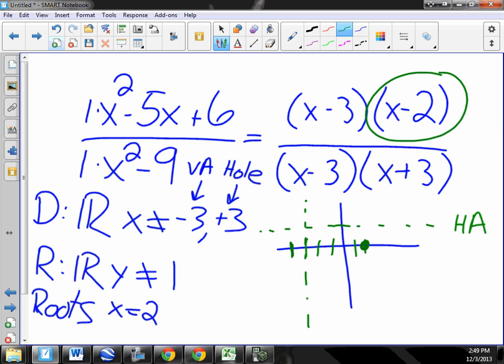So I plug in negative 4 and I get 16 plus 30 plus 6, which is 52 over... oh, 16 minus 9 is 7. So 52 over 7 is bigger than 1. We don't really care about positive and negative here. We're talking about bigger than 1 and lower than 1. So it's going to be up here.